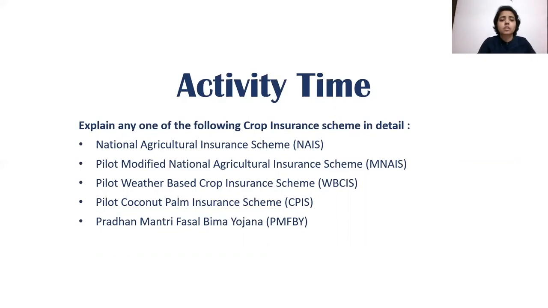The insurance schemes are the National Agriculture Insurance Scheme, the Modified National Agriculture Insurance Scheme, the Pilot Weather-Based Crop Insurance Scheme, the Pilot Coconut Palm Insurance Scheme, and Pradhan Mantri Fasal Bima Yojana. Take any one of them and search for more details about it, how successful it is, and whether people know about it or not. So that's the end of the topic. Thanks for joining.